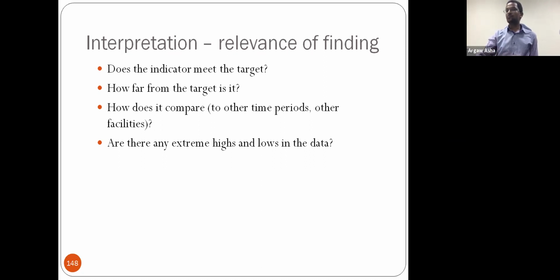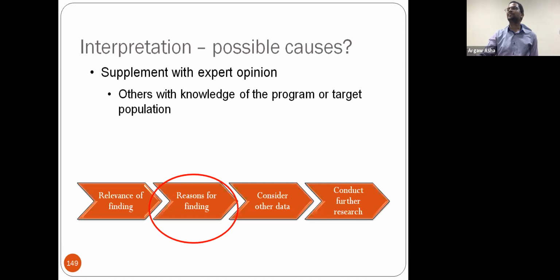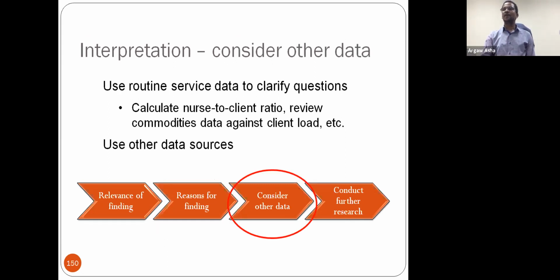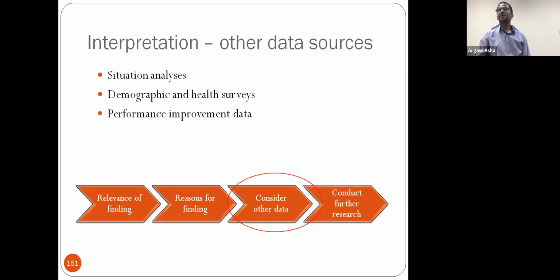You can compare using those interpretations. Another is reason: what are the possible causes? You can supplement with expert opinions and write up the data.